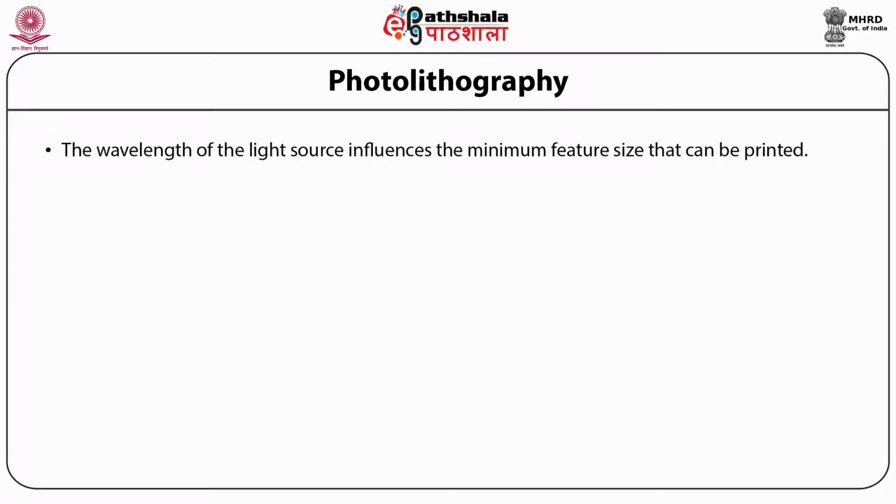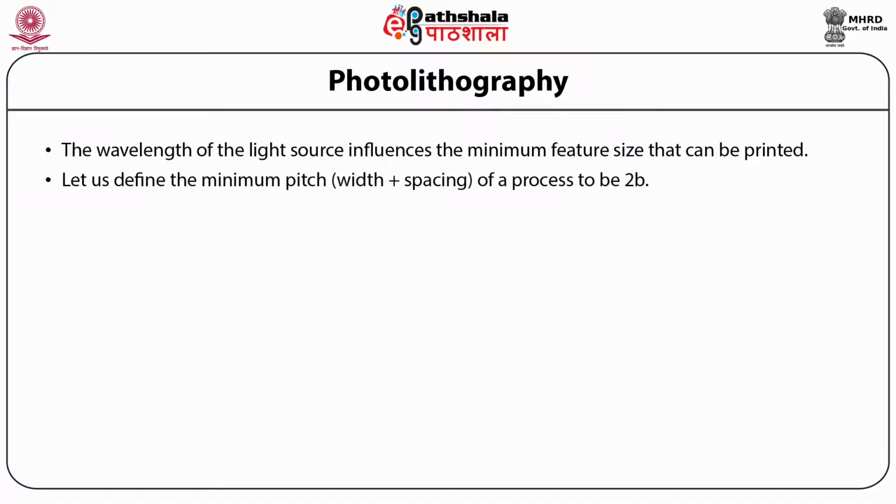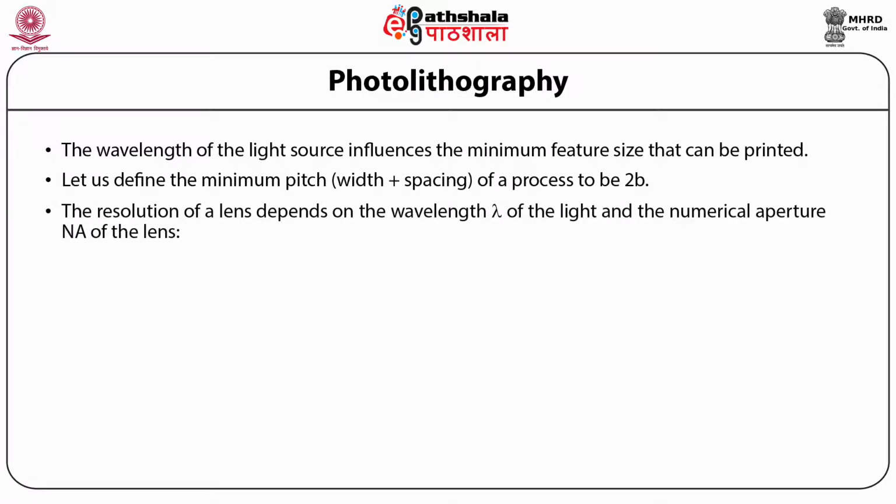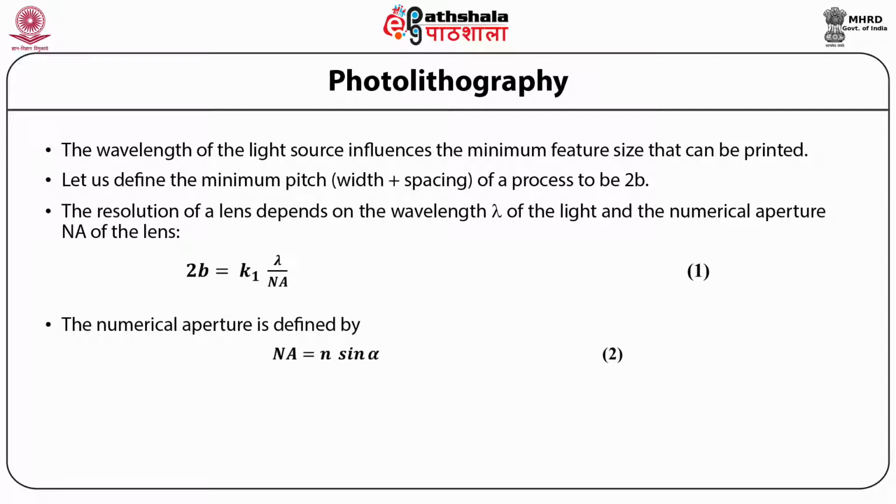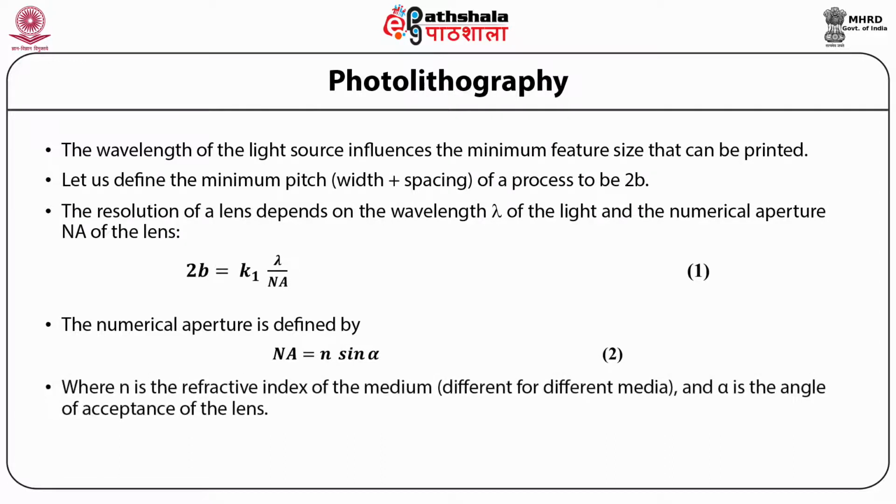The wavelength of the light source influences the minimum feature size that can be printed. Let us define the minimum pitch of the process to be 2b. The resolution of a lens depends on the wavelength lambda of the light and the numerical aperture NA of the lens, that is, 2b equals k1 lambda by NA, and the numerical aperture is defined by NA equals n sin alpha, where n is the refractive index of the medium and alpha is the angle of acceptance of the lens.